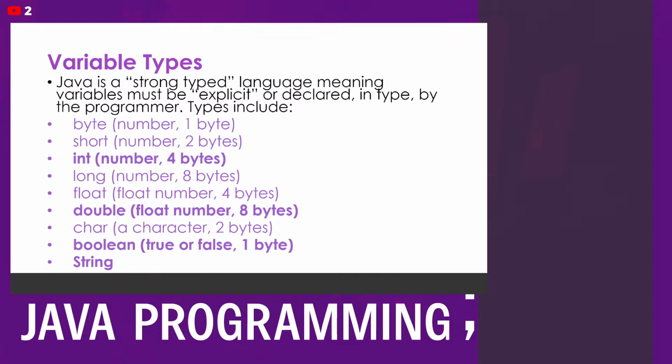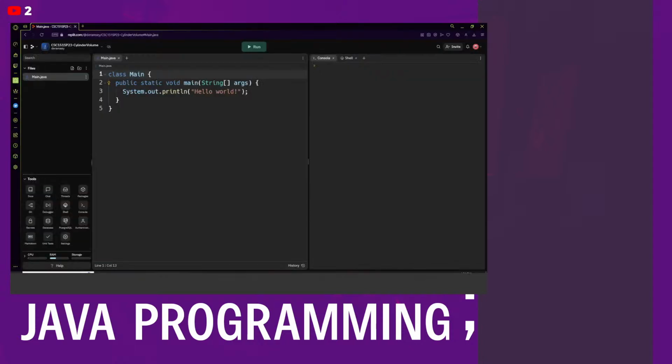And then string, which for our purposes, we really don't declare a string variable in the same way that we declare other variables in Java. I prefer to use string objects to declare a string variable. And so in just a moment, we will look at how we do that. And actually, let's just go ahead and do that now, right? No better time like the present.